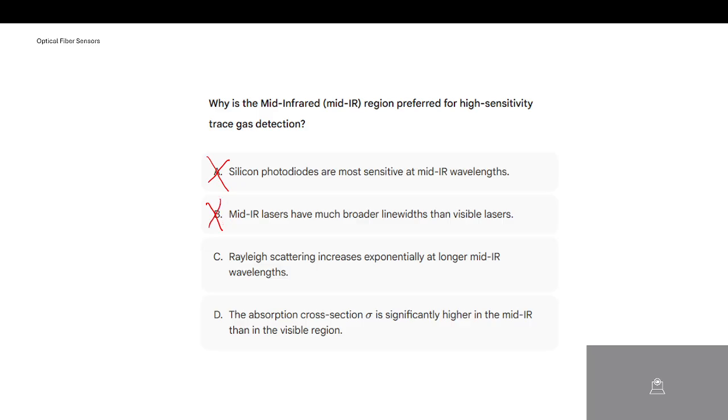It will be sharper, like a visible laser only. Rayleigh scattering increases exponentially at longer mid IR wavelength. This is also not correct.